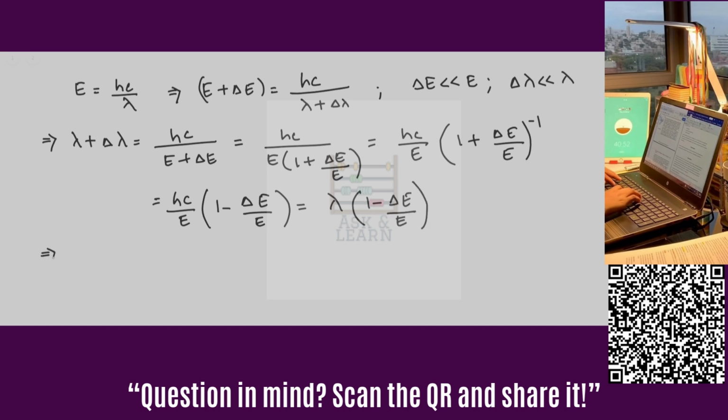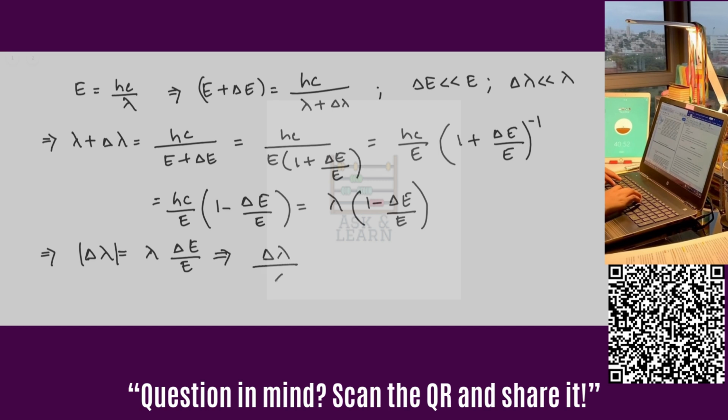So now we can use this equation to find delta lambda, which will be equal to lambda times delta E over E. We have a negative sign here, but we just need the magnitude of delta lambda, so we can ignore the sign.